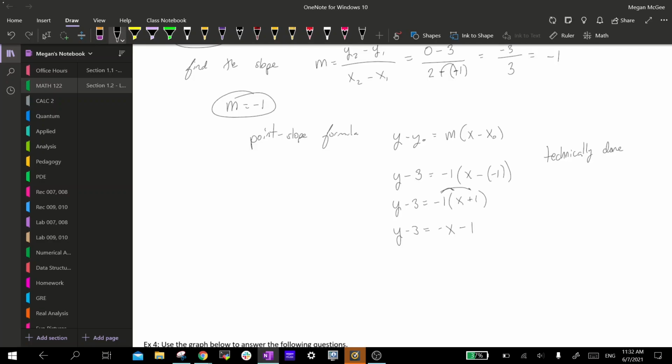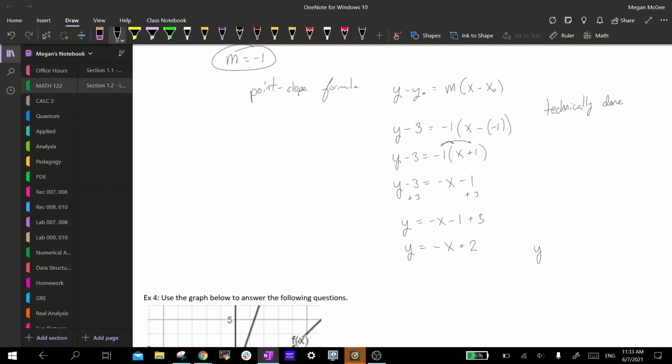There we go. And now I'm going to add 3 to both sides. So I'll get y is equal to negative x minus 1 plus 3. So we get y is equal to negative x plus 2. And does this look a little bit more like y is equal to mx plus b, with m is equal to negative 1?